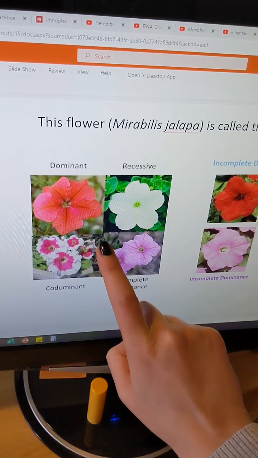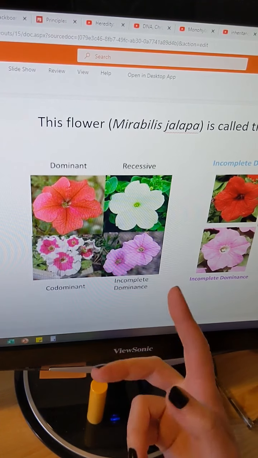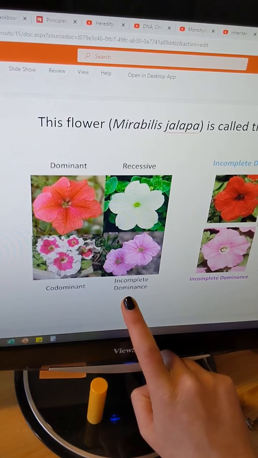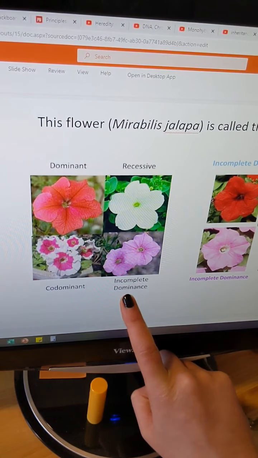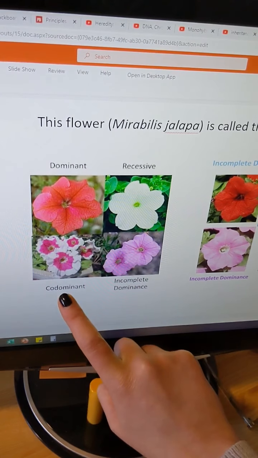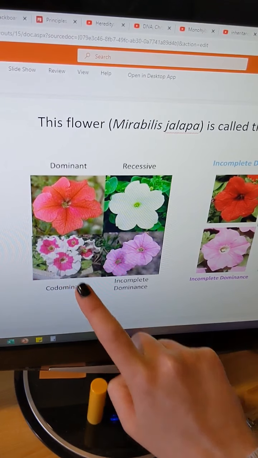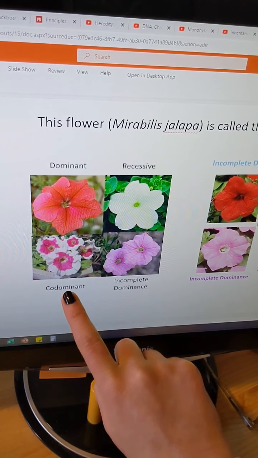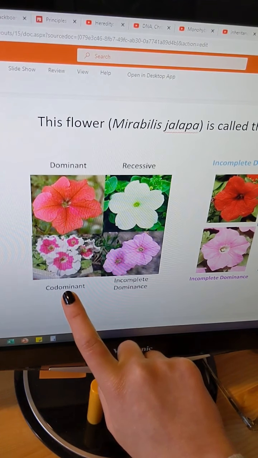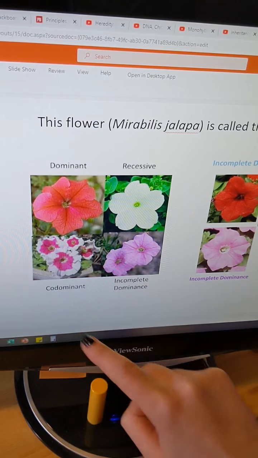But in the Mirabilis flower, you can do it in both ways. You can have incomplete dominance, where the red and the white blend together to give you a pink flower, or you can have codominance, where both the red and the white phenotype are expressed. So neither one of those alleles is overpowering the other.